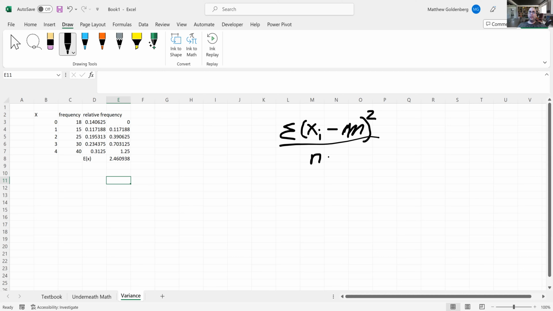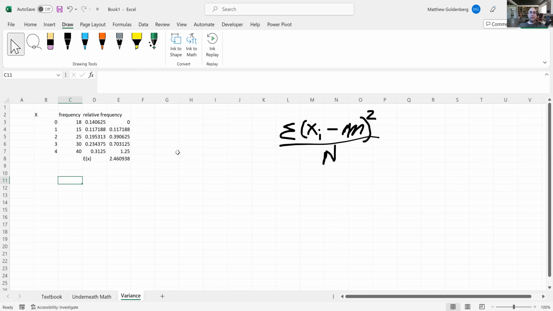So in this case, it's n or n minus 1. And what I want you to see when we do this is we're doing the same thing with the math in this frequency distribution. So let's do it.